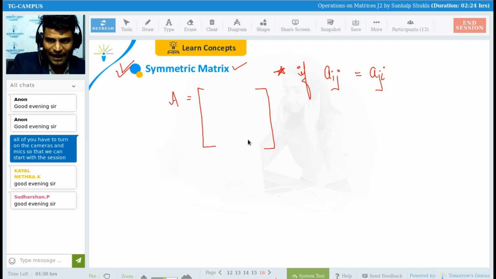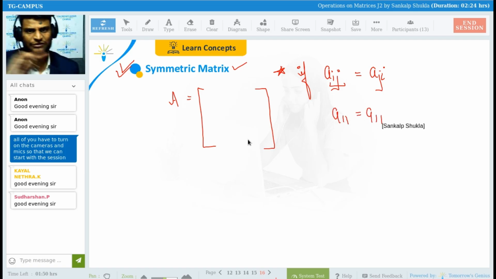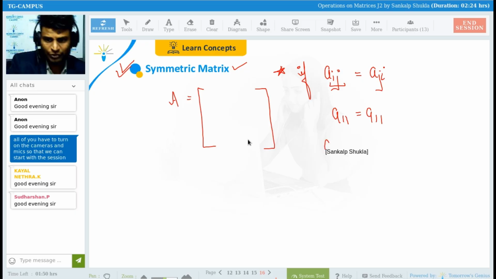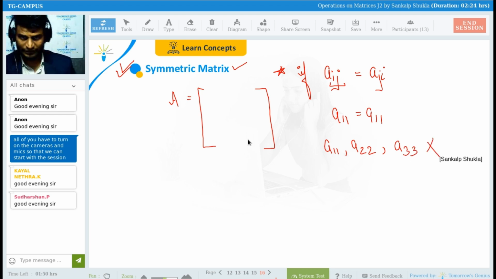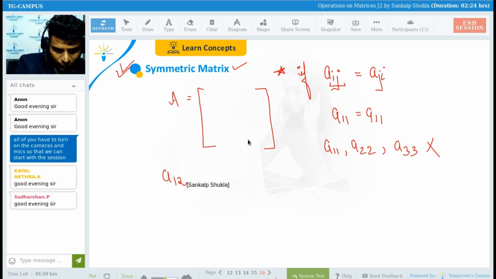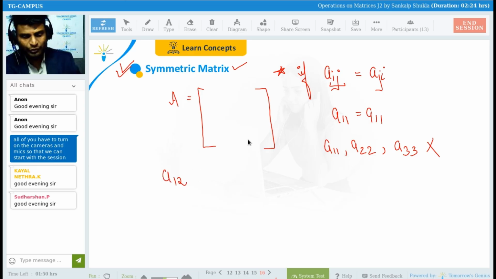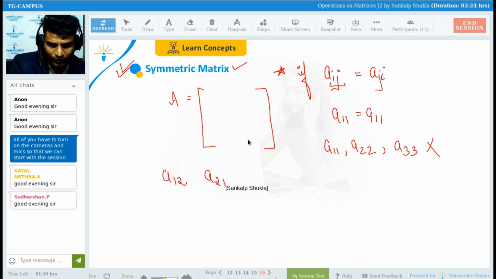Now, i and j must be two distinct numbers, right? Like A11 is A11 already, even if you interchange j and i. So we will not talk about A11, A22 and A33. We will talk about A12, and if A12 is there, then I want to check A21.